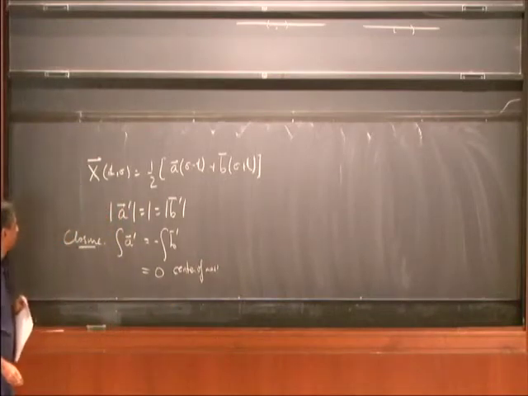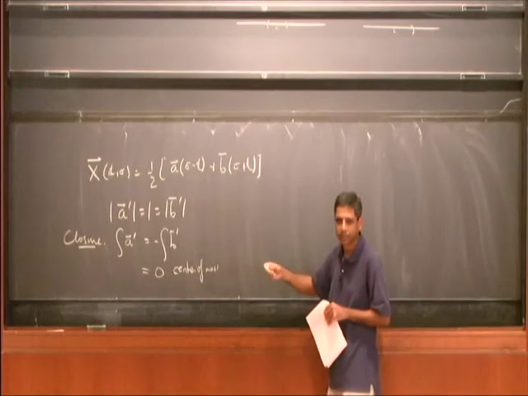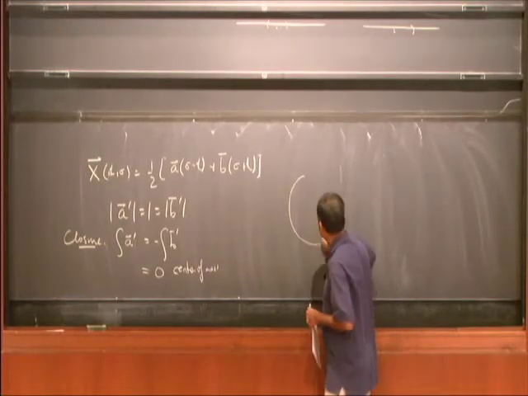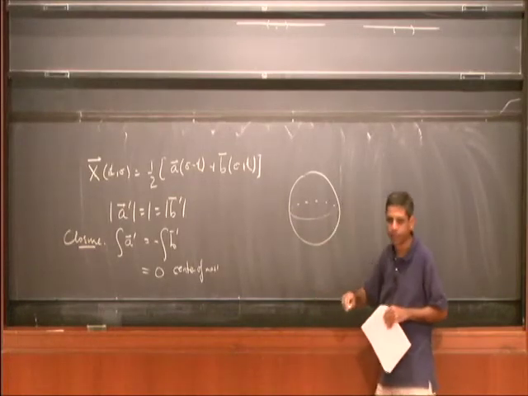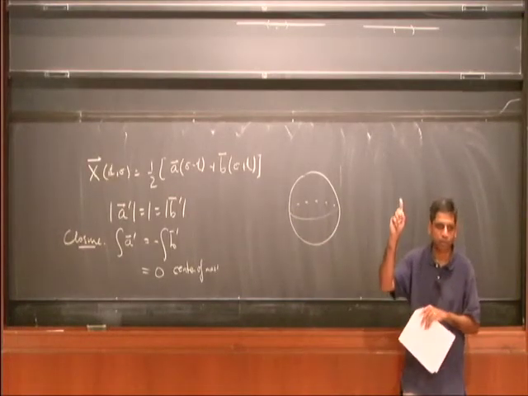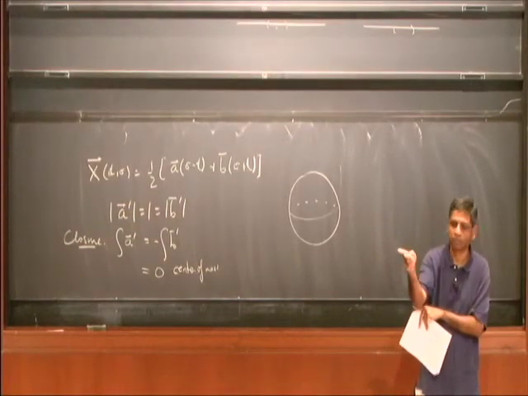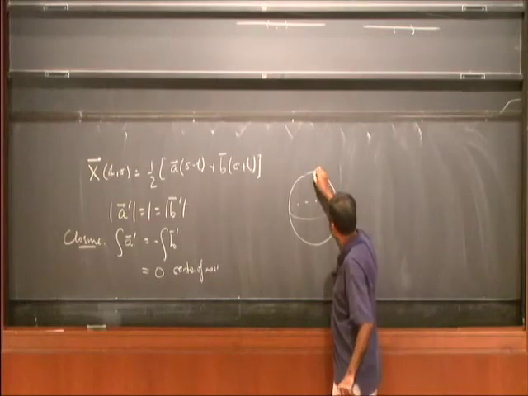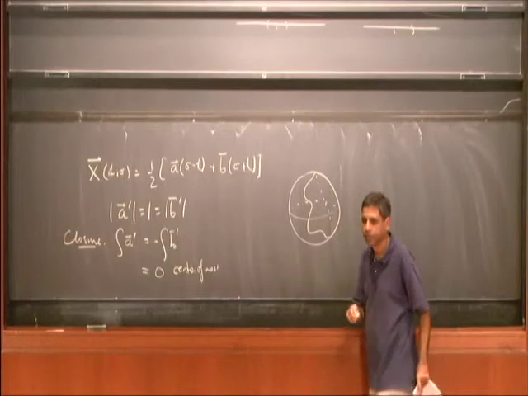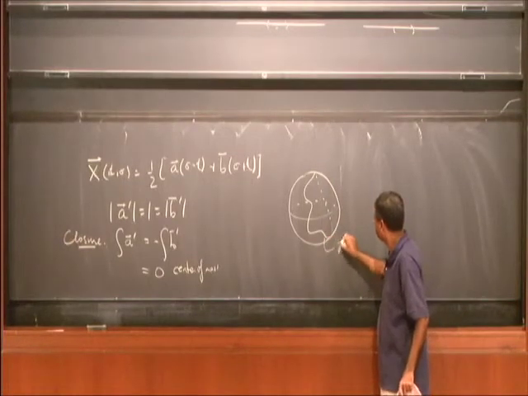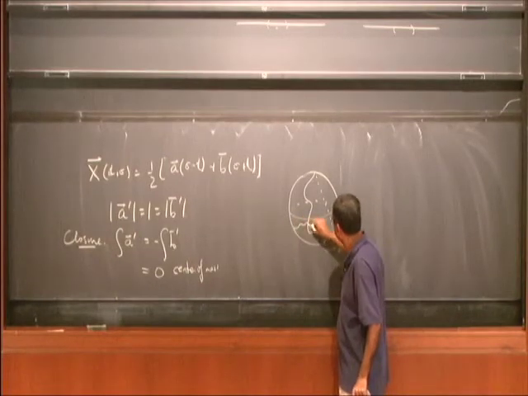Okay, so let's try and draw some of these string trajectories. What you would do is take a unit sphere, and now A prime is a unit vector which goes along this unit sphere. So it is some path. Let's say this is A prime, and B prime is some other path.